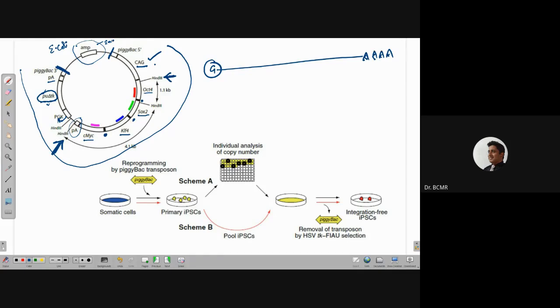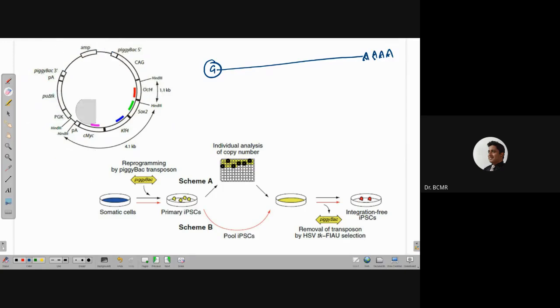So I hope you understood the general genetic construction of this vector, and that is why it is important how you engineer things. That will give you a much broader perspective of what we can do and how we should do it based on the objective. Okay.